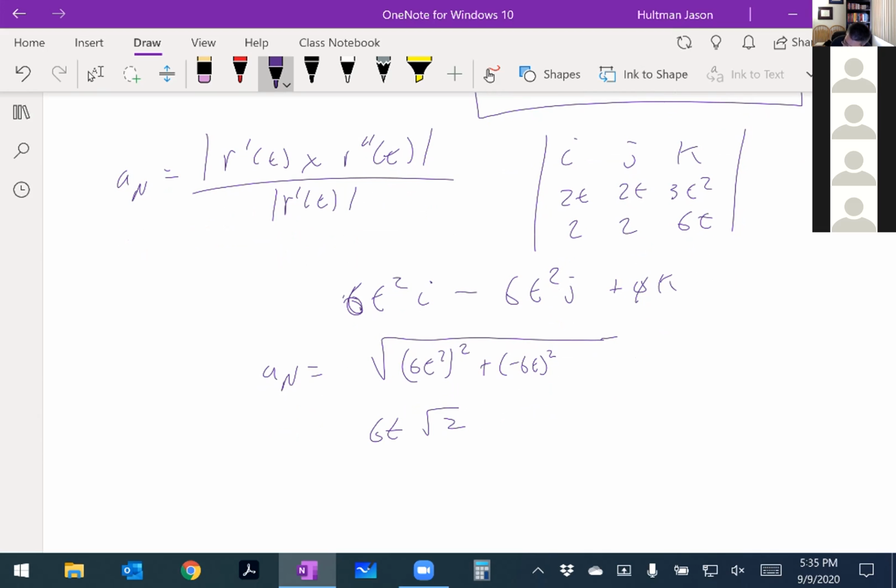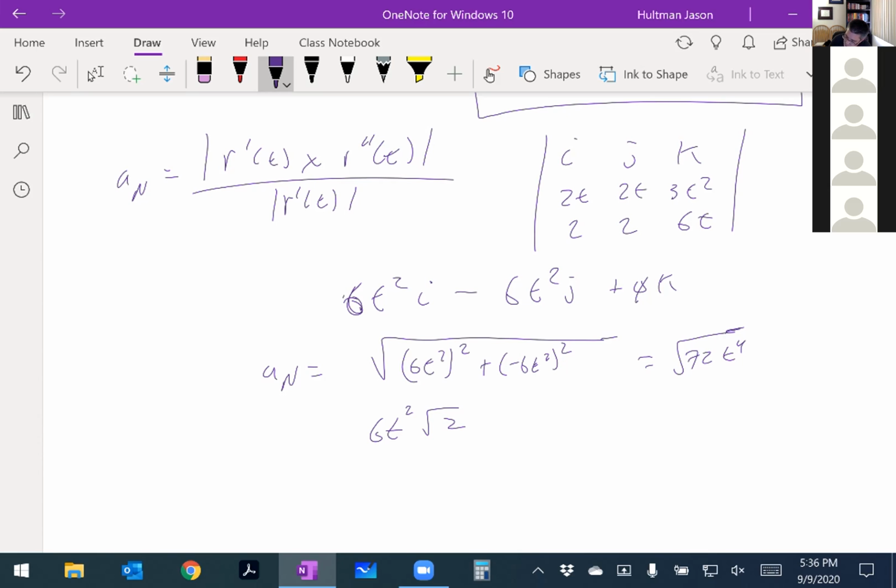Oh, I left off the squared here. That's why. 6t squared, squared. There we go. Okay, so you can just pull that 6t squared out in front because they're being squared. And then you've got two of them, right? I mean, if you really want to multiply this all out, you can. You're going to get the square root of 72t to the fourth. Okay, and then you can pull a 36t squared out of that.